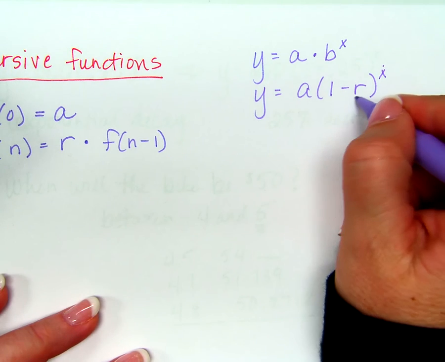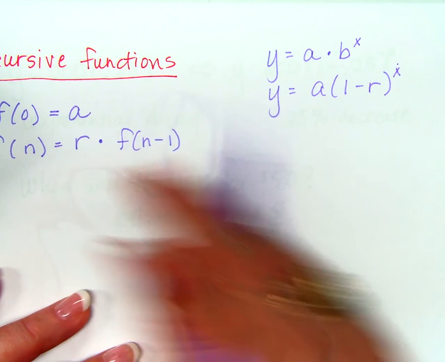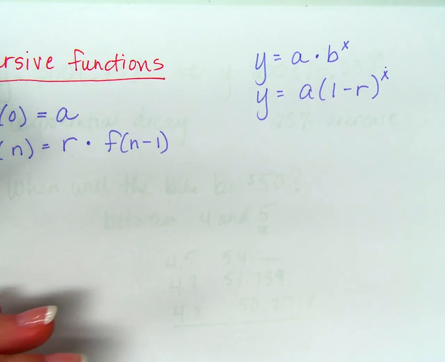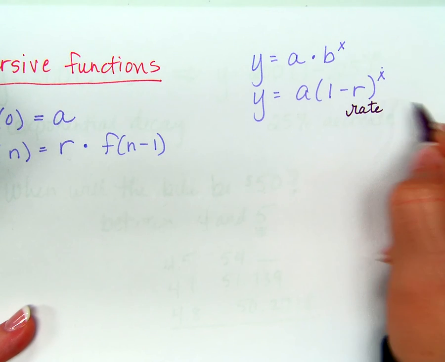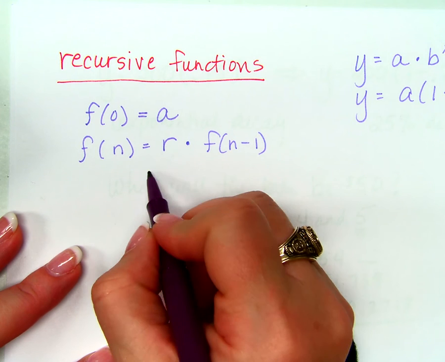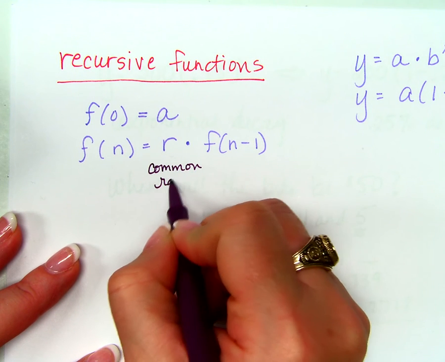Guys, this r and this r are not the same. What does this r stand for? Rate. And what do we usually talk about when we're talking about this rate? A percent, right? A percent that we've changed into a decimal. You okay with that? Okay, this R right here stands for the common ratio.